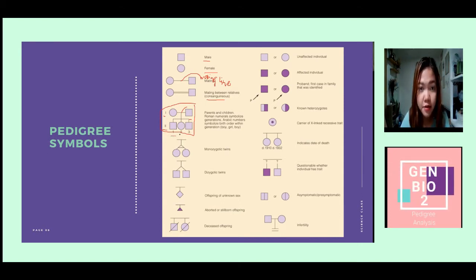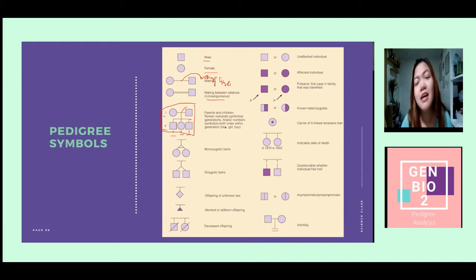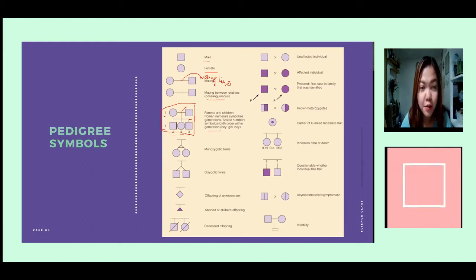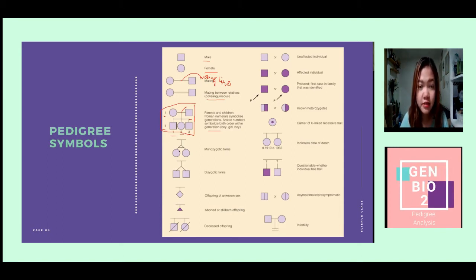Aside from that, we also have Arabic numerals that symbolize birth order within generations. For example, the firstborn is this male, followed by a female, followed by a male offspring. Next, if you see this symbol, it means there are monozygotic or identical twins.